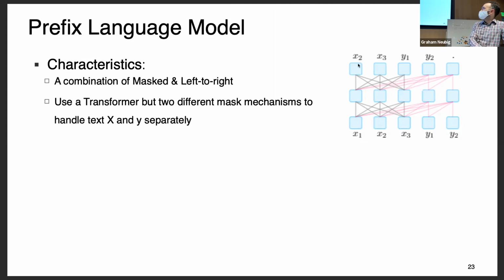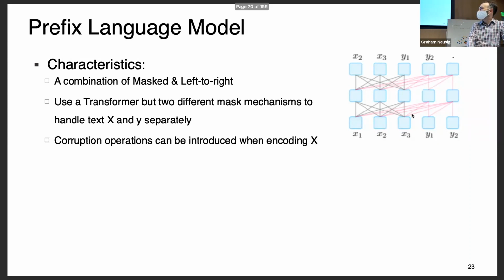For the input, you can use bidirectional masking to encode information in both directions. And for the output, you use autoregressive left to right masking to make sure that you can predict the output from left to right. So these are pretty commonly used as well. When you're pre-training the models, you can also introduce corruption operations when encoding X, like you have for BERT, for example. There are a couple examples of this, like UniLM and ERNIE-M.